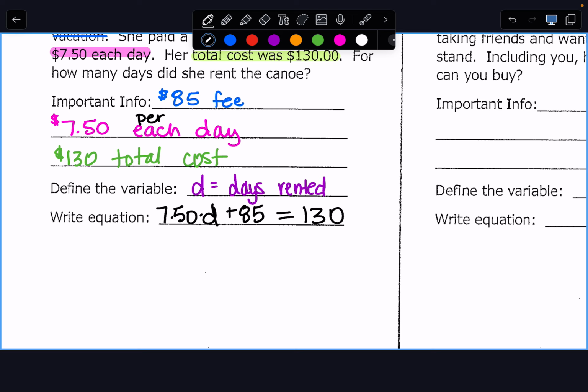So now we got to solve this. What number are we going to move first? We need to undo the addition of 85 by subtracting it. Okay. When you need your calculator, feel free to go grab it. I need your help.